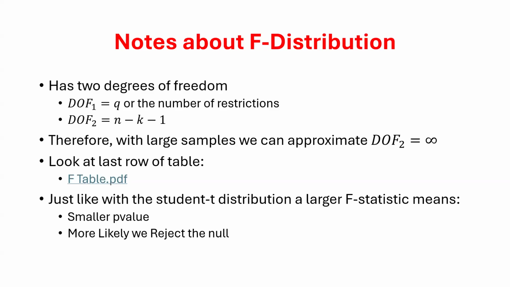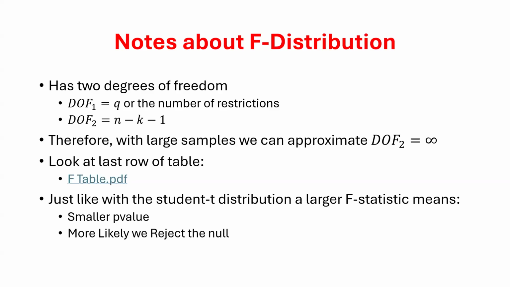Just like with the student t, where every single sample size had a different, slightly wider distribution, the same thing applies to the F distribution, but now we have an even wider set because it depends both on my sample size and the number of variables I included, but also my number of restrictions. So there's this huge table where you can find the degrees of freedom and the corresponding critical values.